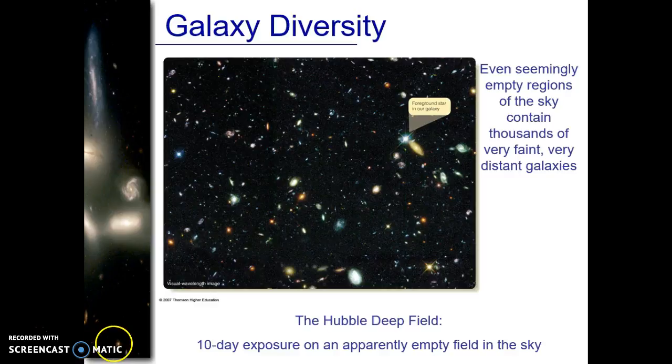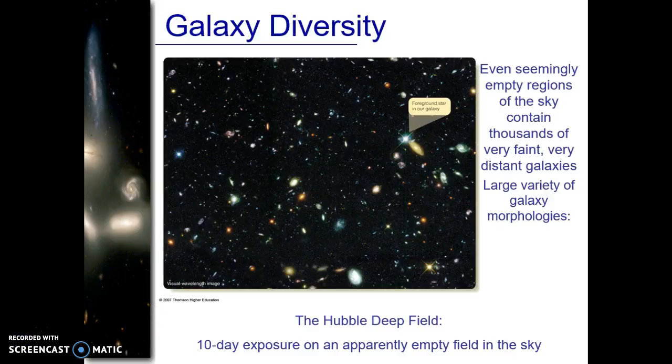But looking at it through the Hubble telescope, which can magnify things and pick up different types of radiation, we can see all of these different objects here. And here there's a star, and here there's a star. This is a foreground star that would be in our galaxy. So even though it looks really blank, there is actually a lot of stuff there.